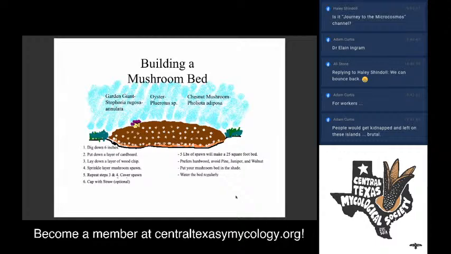So let's talk about logs for a second. Talk to arborists. That'll be a great source for logs. What you're going to be looking for, and this is also covered in the log inoculation video, is something around 4 to 6 inches in diameter.